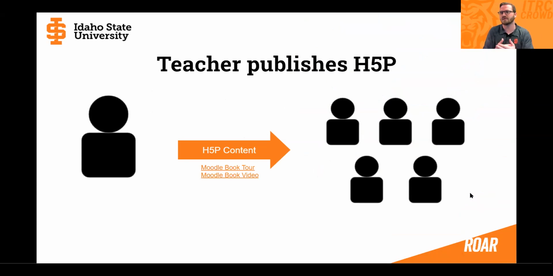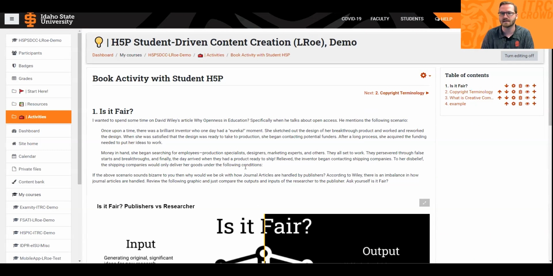Typically when I go to conferences and we are talking about H5P, it's usually from the point of view of the instructor producing this content for their students. Here's an example of what that might look like. At ISU, we use Moodle as our learning management system, and here's the Moodle book.